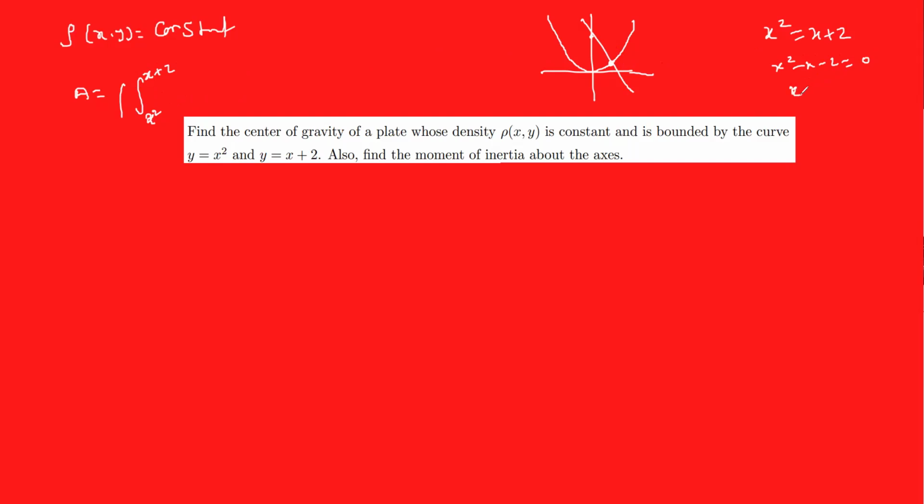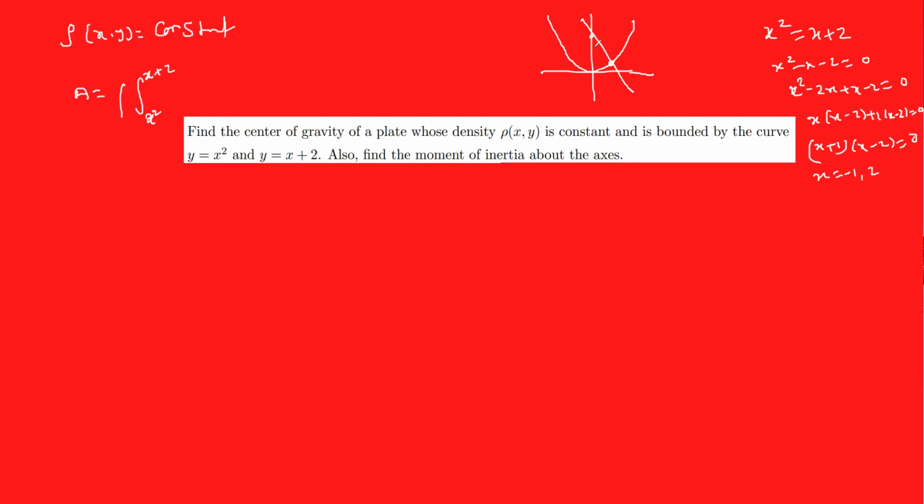When you put x, minus 2x plus x. X is equal to minus 1 to 2.